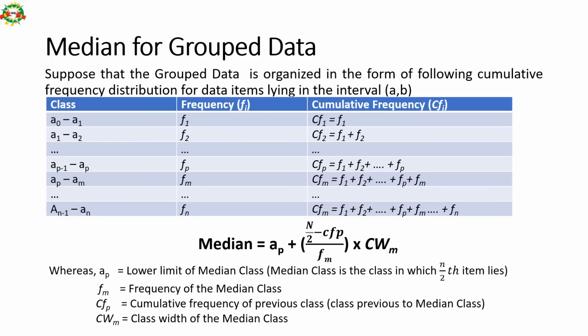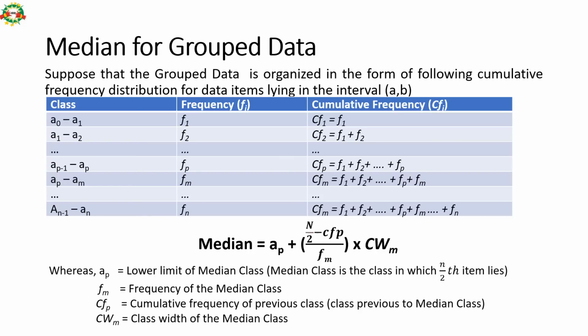We have already read all these things in previous sessions as well. So the formula for median: L is the lower limit of the median class. Median class is the class in which the n by 2 item lies. So if this is n, we have to see which item lies where and take that value. Lower class, this one.